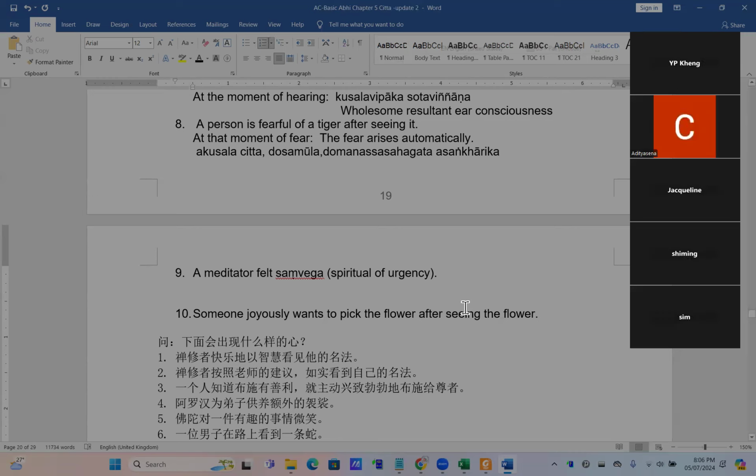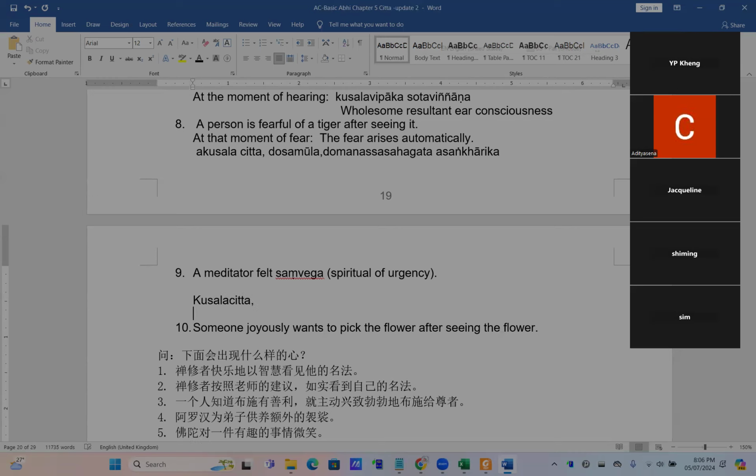Okay, kusala chitta. Now, is it with pleasant feeling or neutral feeling? It's not mentioned here. Is it with knowledge or without knowledge? It should be with knowledge, right?